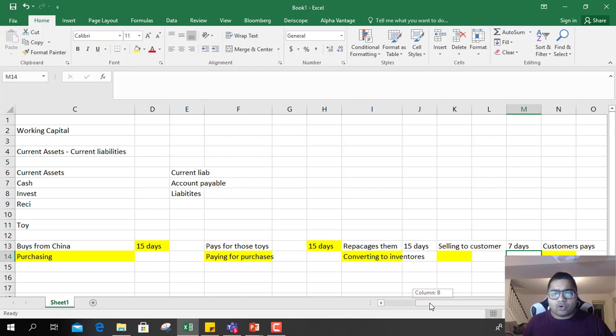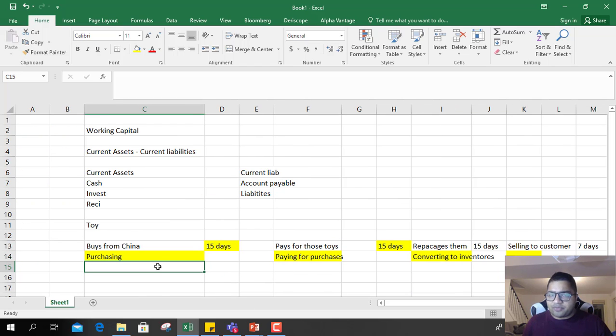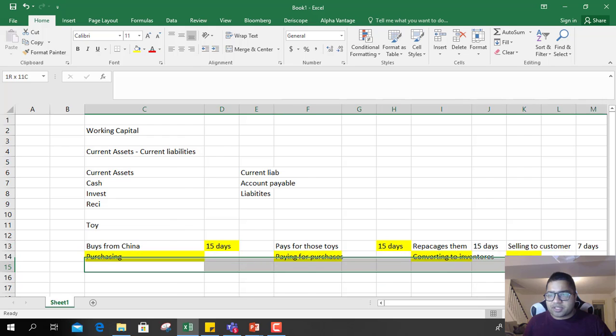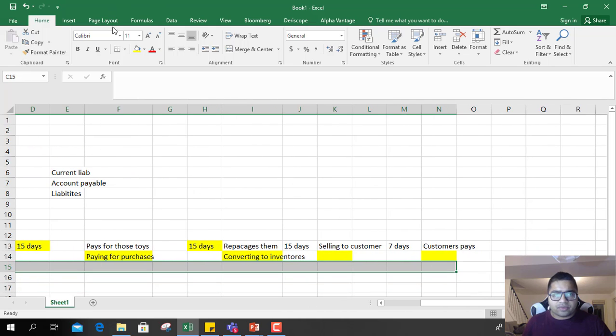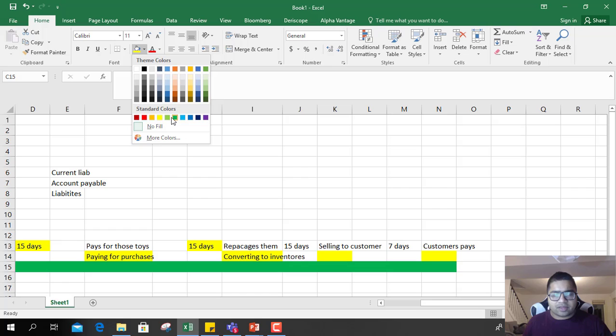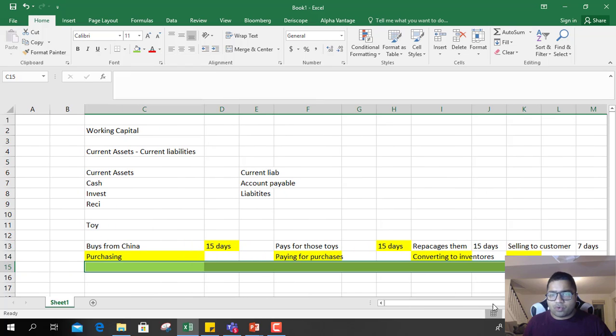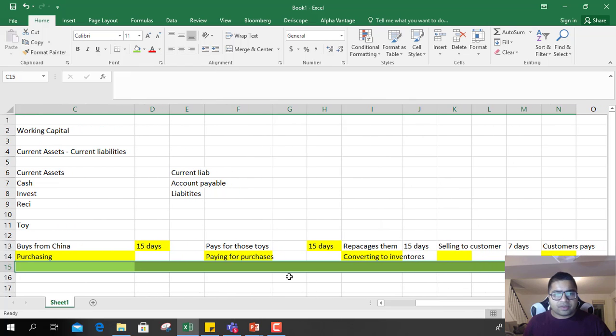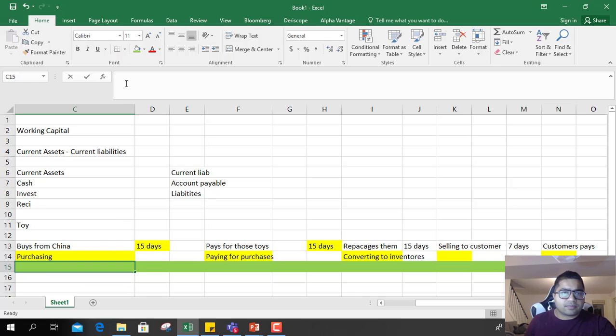So the whole cycle, right from initiating the purchase order to the customer paying, this whole cycle is called the operating cycle, starting from the purchase order finally to the moment the customer pays.